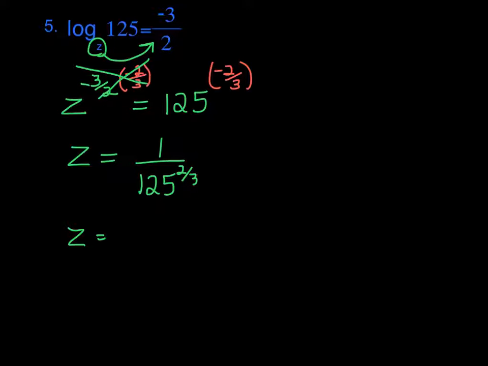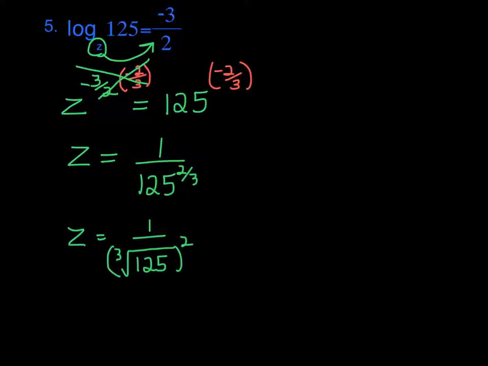So now I'm going to do power over root. So in this case, my root is 3, and my power is 2. Okay? Because again, remember, power over root. So my power is 2, my root right there is 3.